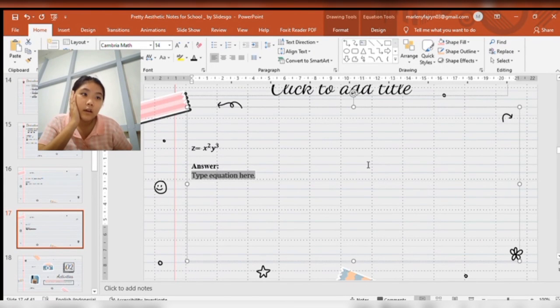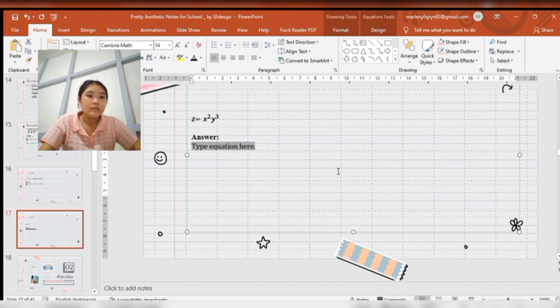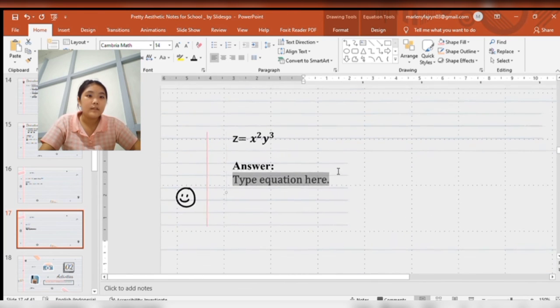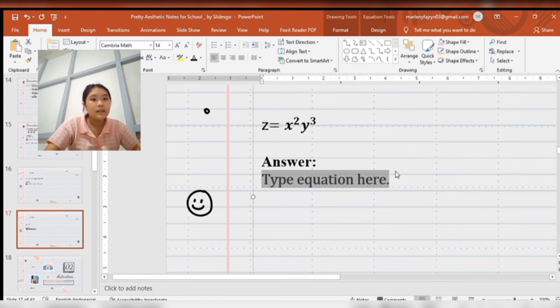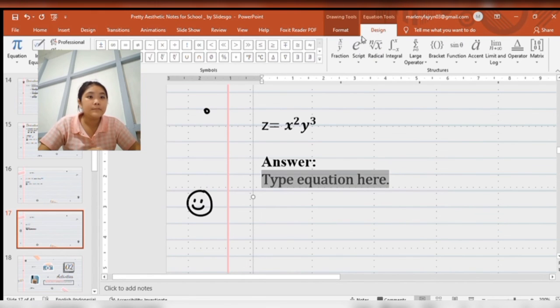Okay, now I will explain about partial derivatives. So there is a question about partial derivatives. Okay, now z equal x squared y cubed.